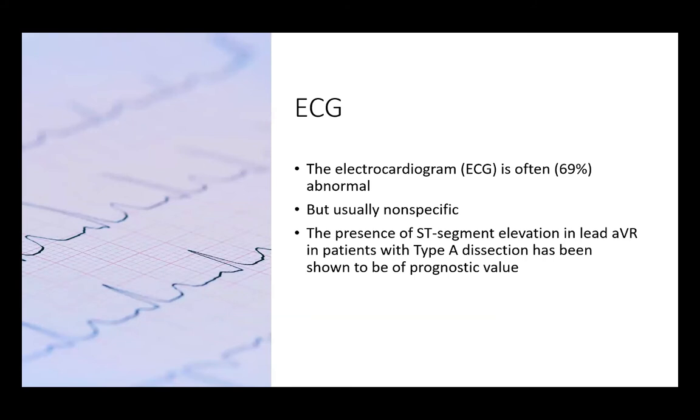ECGs are usually done for any patient with chest pain coming into the ER. The ECG is often abnormal in those patients, but is usually non-specific, although the presence of ST segment elevation in lead aVR in patients with type A dissection has been shown to be of prognostic value.